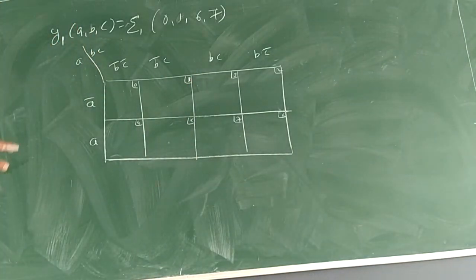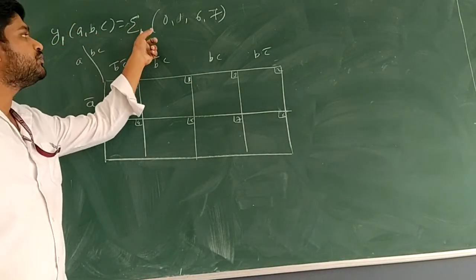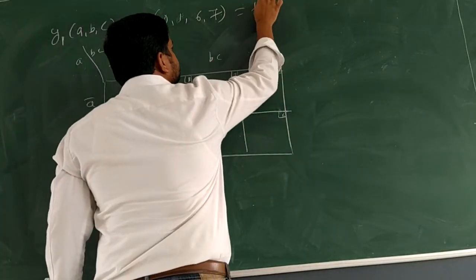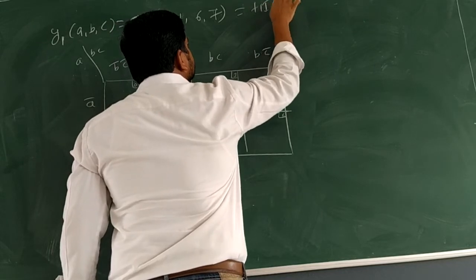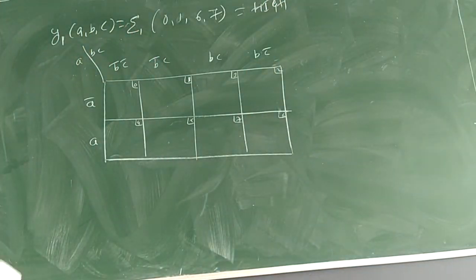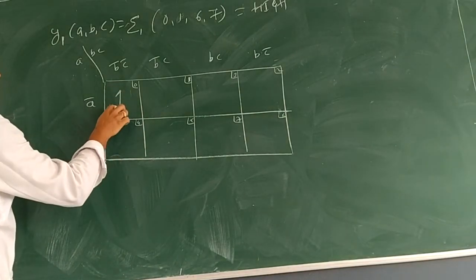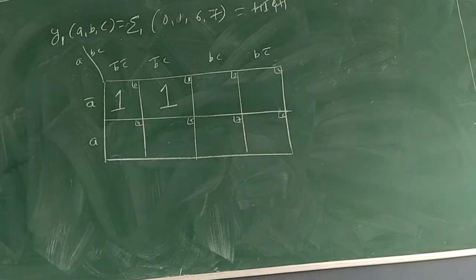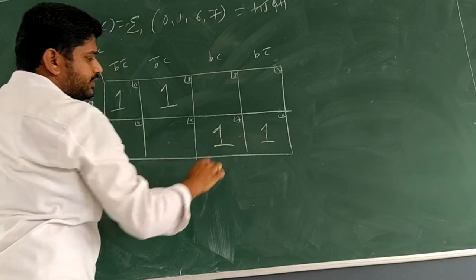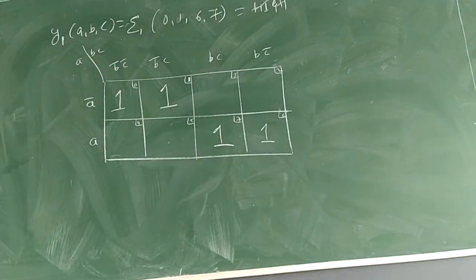Okay, so now what is the definition of this summation? Fill high for the given cells 0, 1, 6, 7. So that means what? 1 and 1. What are the other two cells? 6 and 7.